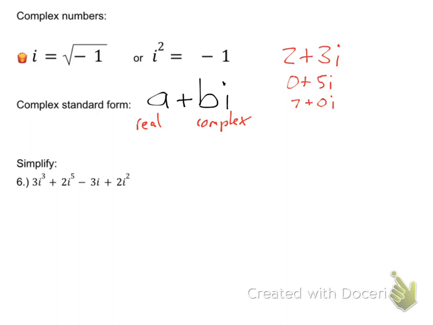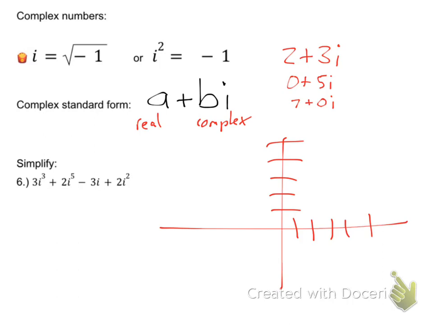The last thing I want to talk about, and I'm hoping you would have done it last year, is that I could technically graph those. I'm going to make this a little bit larger. I can graph 2 plus 3i.